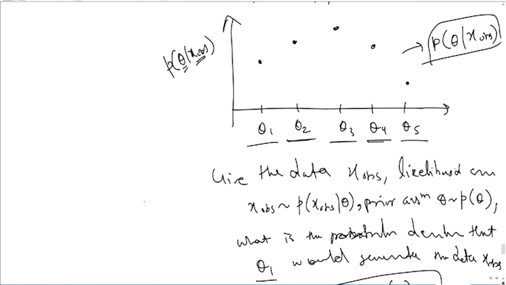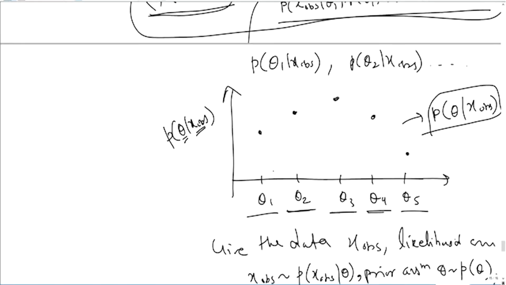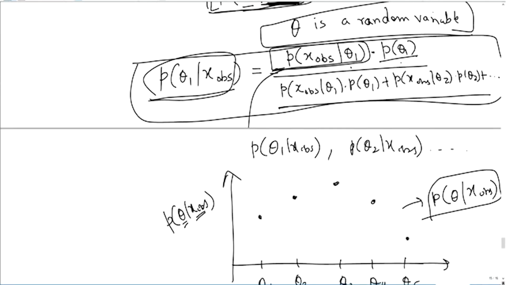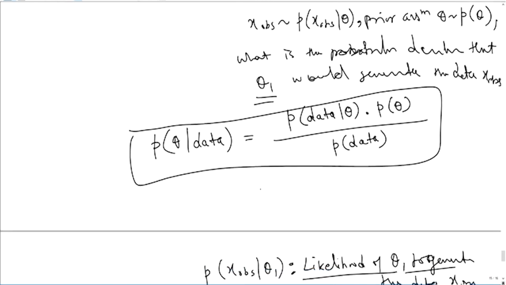By the way, what would happen if theta is a continuous space? Right now we assume it's discrete, so you have discrete values of theta. When it is a continuous space, rather than summing these values, as right now you're summing x obs given theta 1 times probability of theta 1 plus x obs given theta 2 times probability of theta 2, let's say if theta is continuous, then the denominator, the marginal likelihood, will become like this.